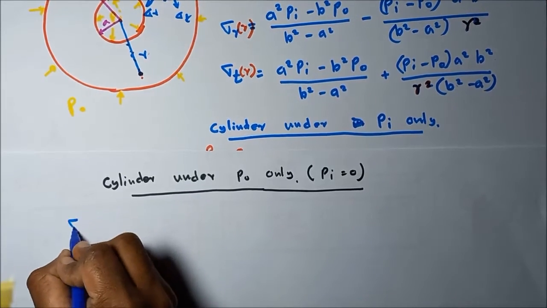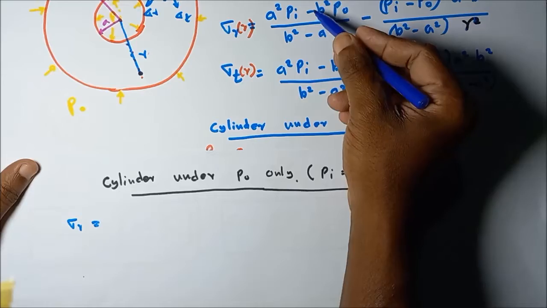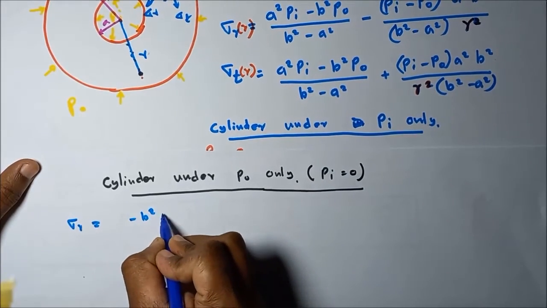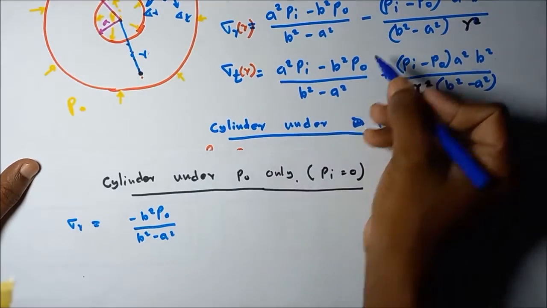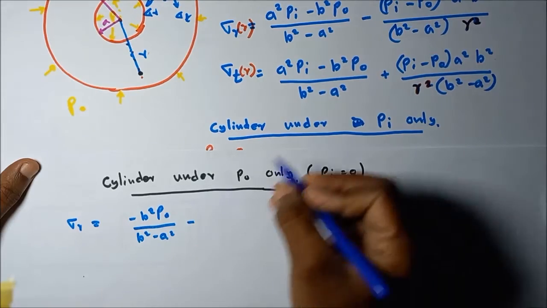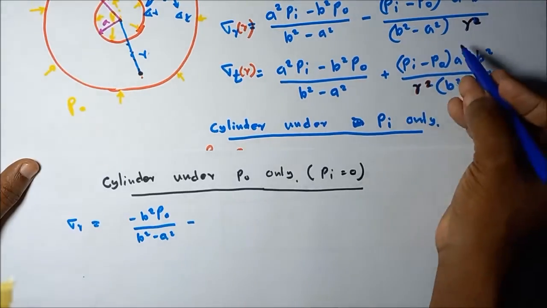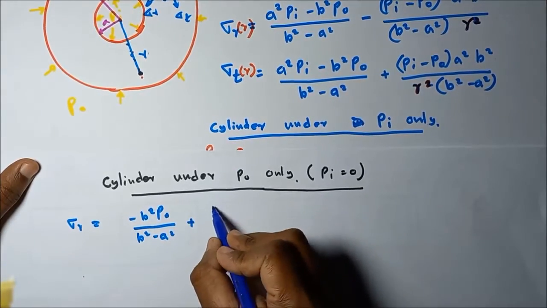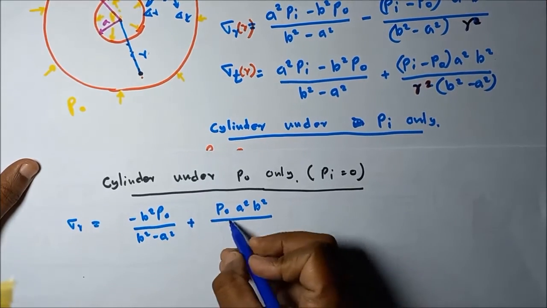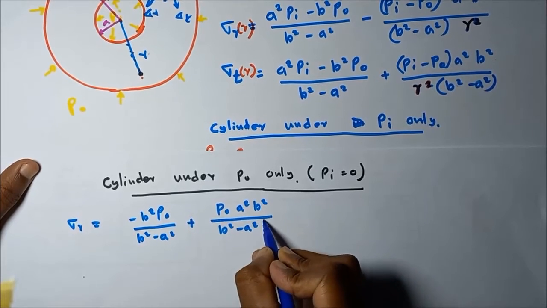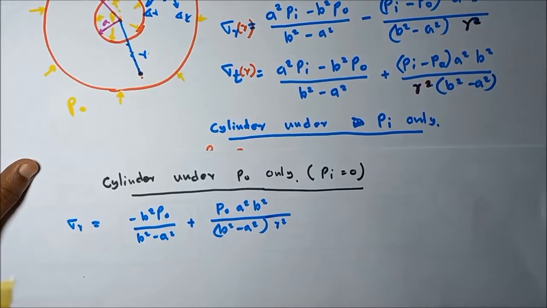Let's take sigma r. How to reduce it for PO only, with Pi equal to 0: minus b square PO divided by b square minus a square, and with Pi equal to 0, plus PO a square b square divided by b square minus a square into r square, where r is the variable.